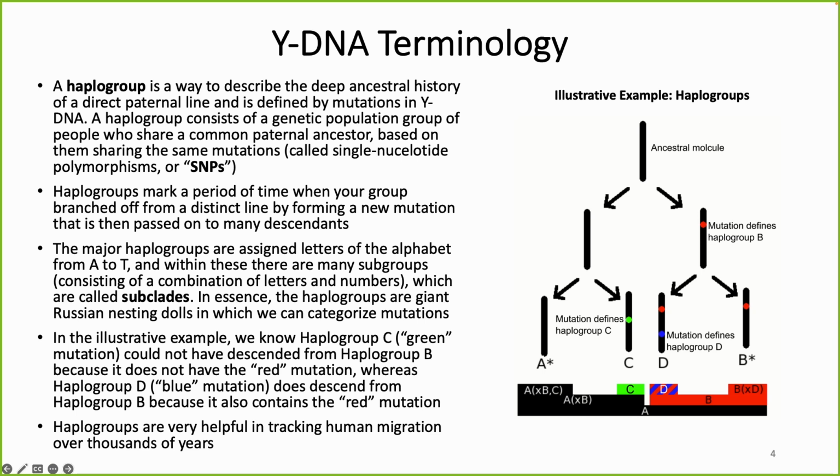So what we can see here in this example, D, because he has the blue and the red mutation, is actually a closer relative to B, who also has that red mutation, than D is to C or A. So that's the conclusion that you want to be able to get: since D shares this mutation with B, but he has an additional mutation, he's closer to B, and he's a more distant relative to C and A. Hopefully, this example is helpful to explain how we do this sort of branching off of the tree, but we do this for all of mankind.